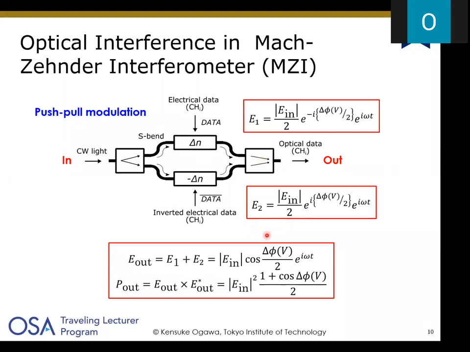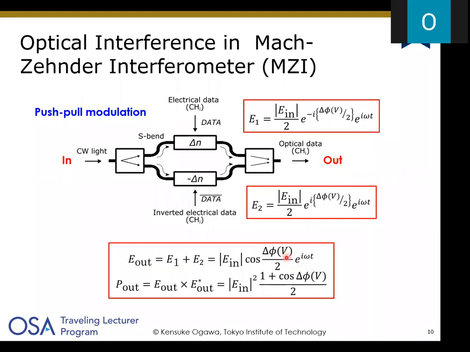In each path, the electric field of the light wave is represented like this. After combining both fields, you have the output electric field like this.